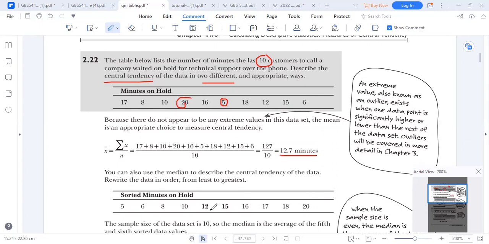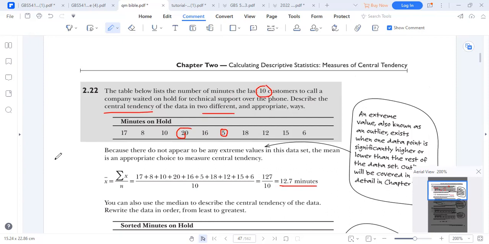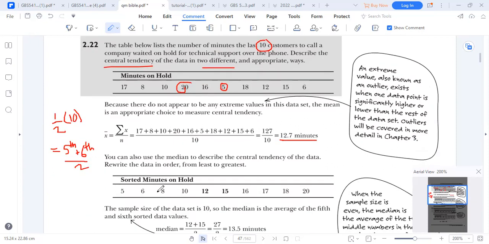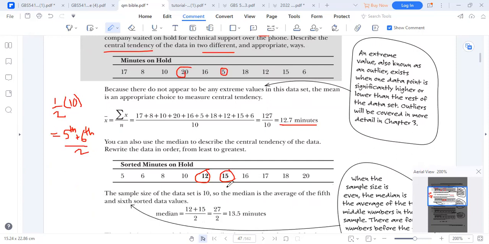Then identify the median. How many are there? They are 10. So half of 10 is 5. Whenever we find a whole number, we take the 5th position plus the 6th position, divided by 2. So 1, 2, 3, 4, 5, and 6. Then divide by 2. So 12 plus 15 divided by 2, we get 13.5.